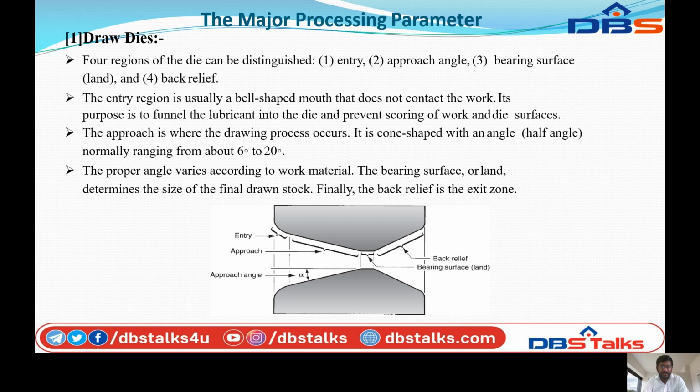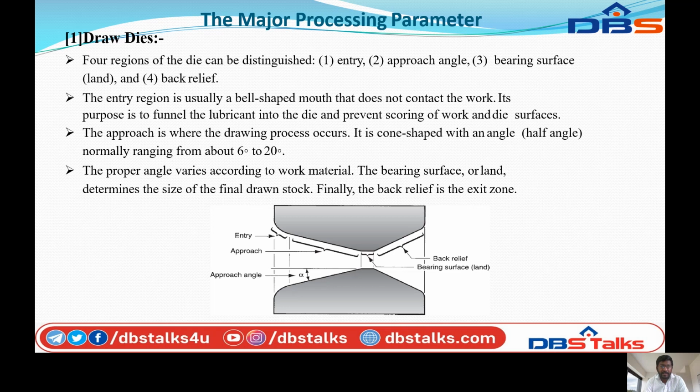The entry region is usually a bell shaped mouth that does not contact the work. Its purpose is to funnel the lubricant into the die and prevent scoring of the work on the die surface.